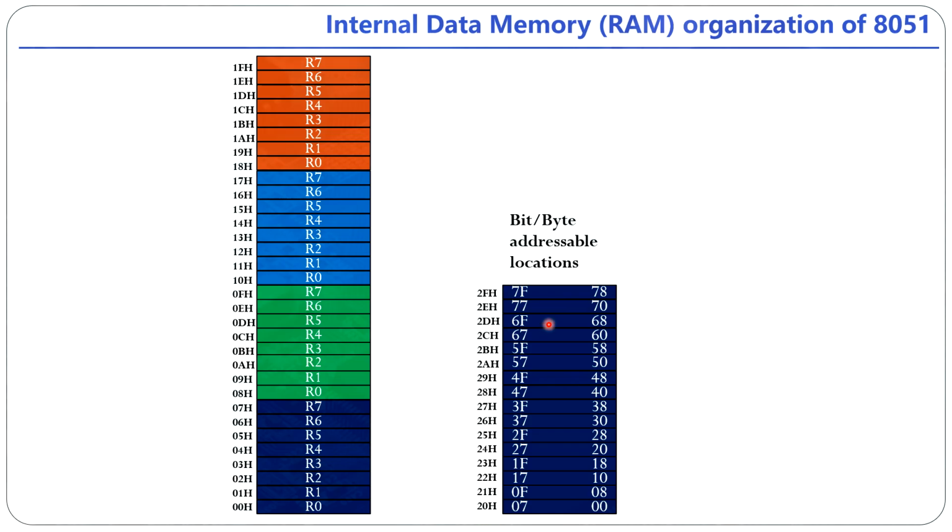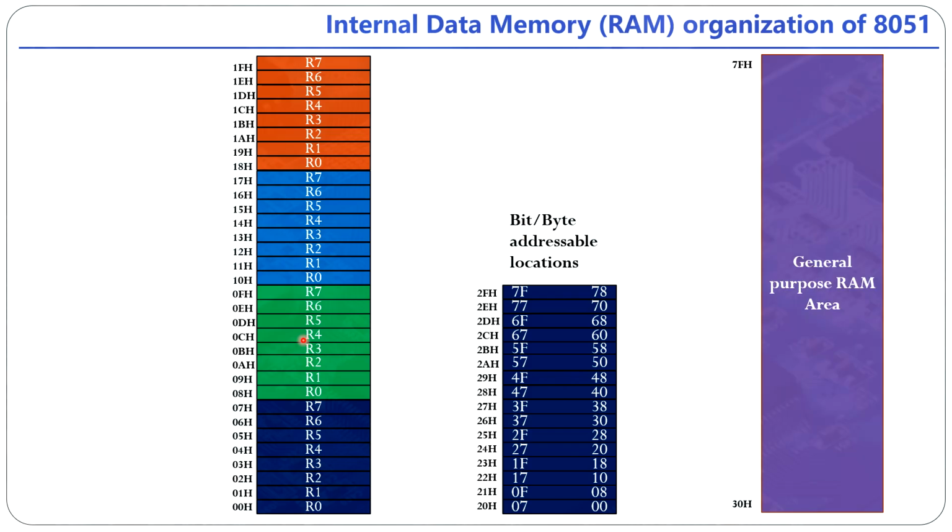20 to 2F. Okay, this is the bit byte addressable location. These are also given locations for RAM. Next thing, the general purpose RAM area. This is completely called the RAM.